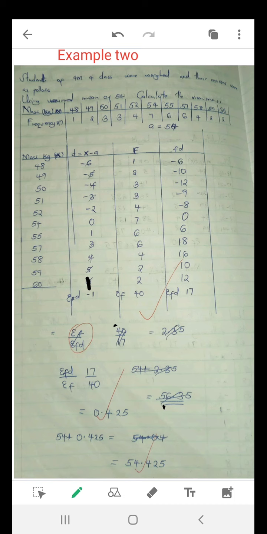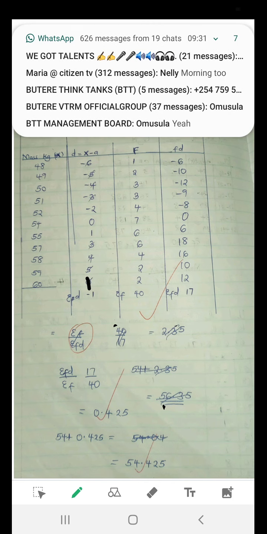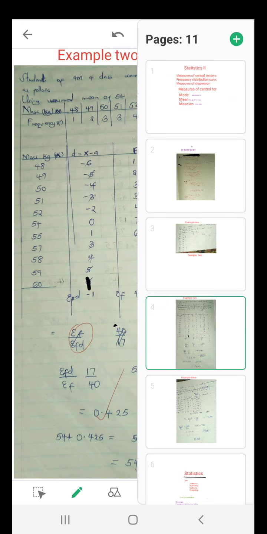Use it to get the mean mass of these students, and you will see if you get 54.425. You will do that one in your own time. So let's look at another example.